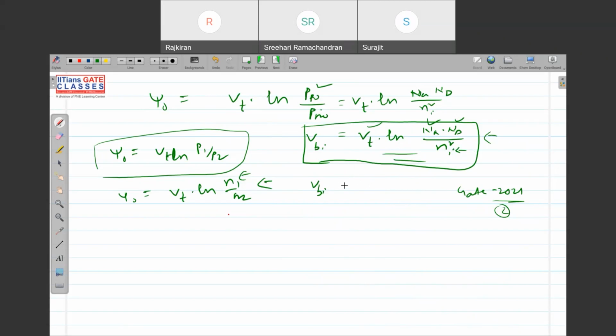Then you have to see how the built-in potential depends upon temperature. VT is directly proportional to temperature.